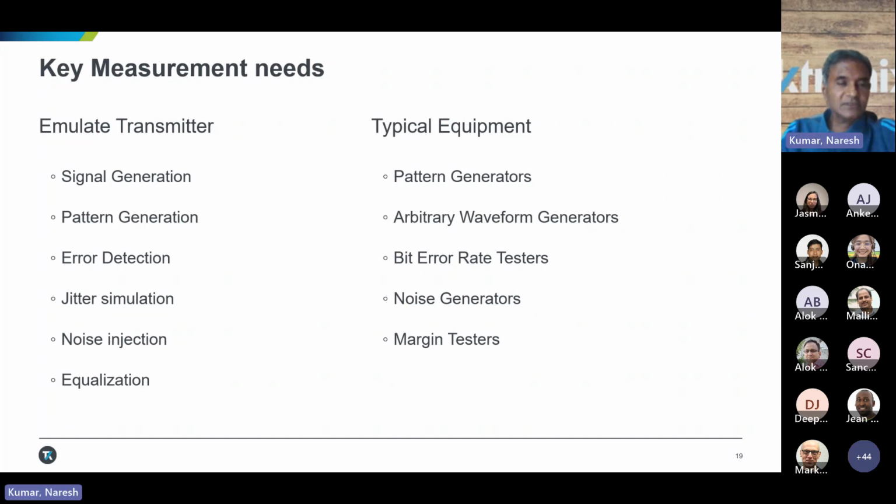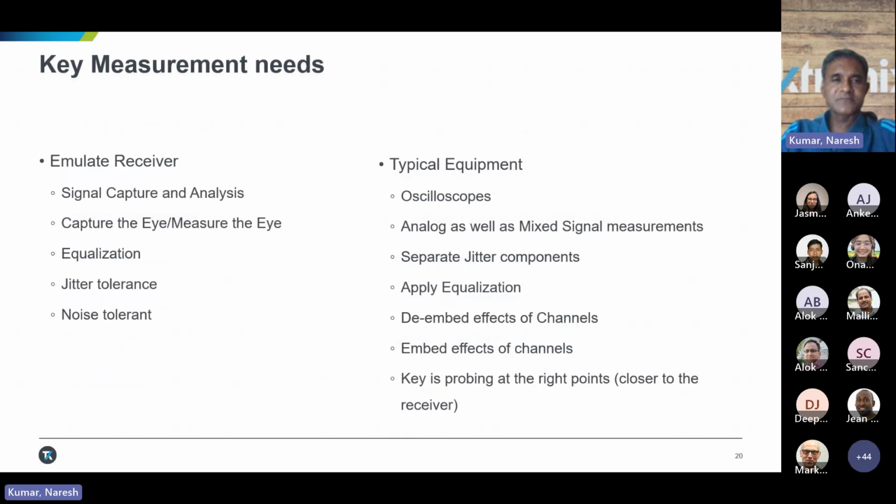That's on the transmitter emulation. What about receiver emulation? Receiver emulation is basically you should be able to look at the signal which is received from the transmitter, be able to decipher the data which is coming in on the receiver. So that's why we call it signal capture and analysis.